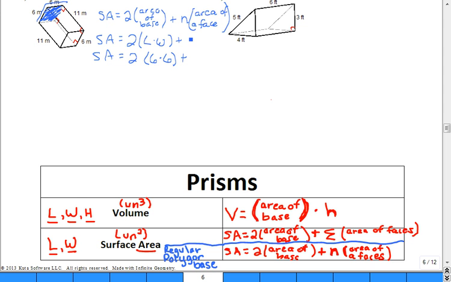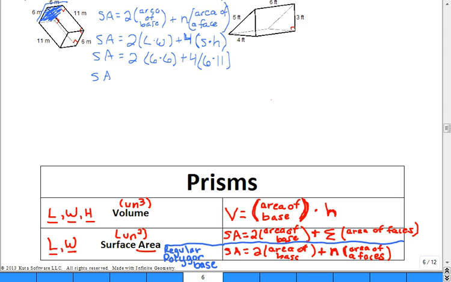Okay, and then I have 4 sides to my base. So I'm going to have 4 of these faces. And these faces are going to be our side length times the height of our figure. So I'm going to put S times H. So the side length is 6, and the height of my whole solid is 11 meters.